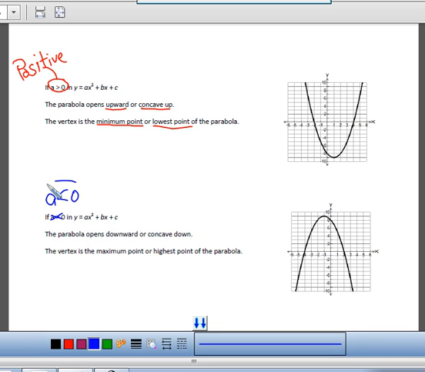In other words, if it's negative, then the parabola opens downward or concave down. The vertex is a maximum point or the highest point of the parabola. Alright, so that's basically it for page 2.